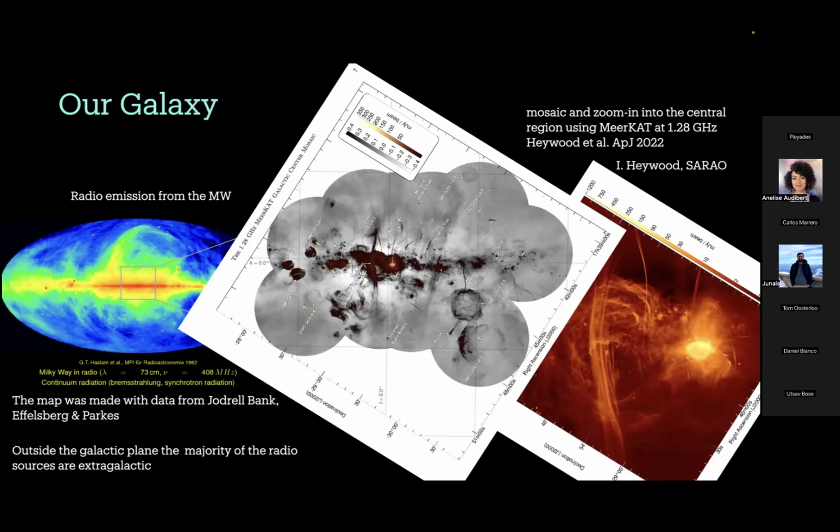Of course, for other science, the major improvement came with MeerKAT. These are the observations done with the new telescope in South Africa, at 1.3 gigahertz, so 20 centimeters more or less. And you see, this is arc-minute resolution, this is 10 arcseconds, 15 arcseconds, thereabouts.